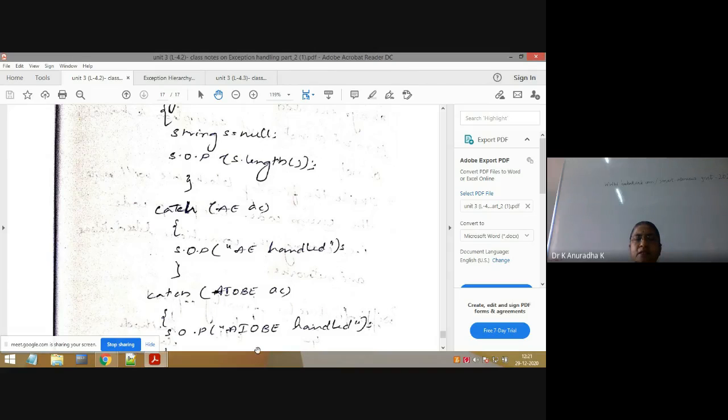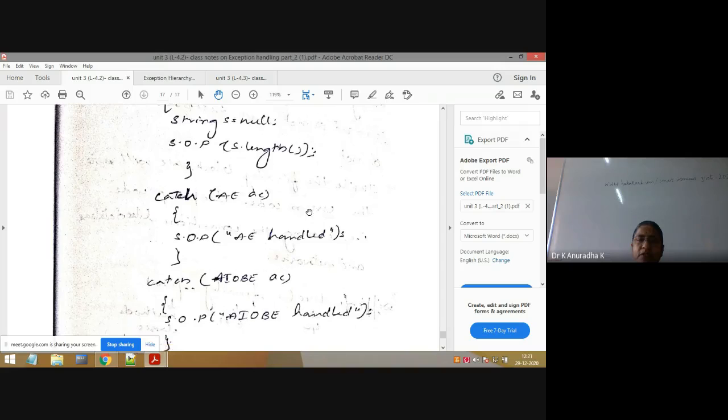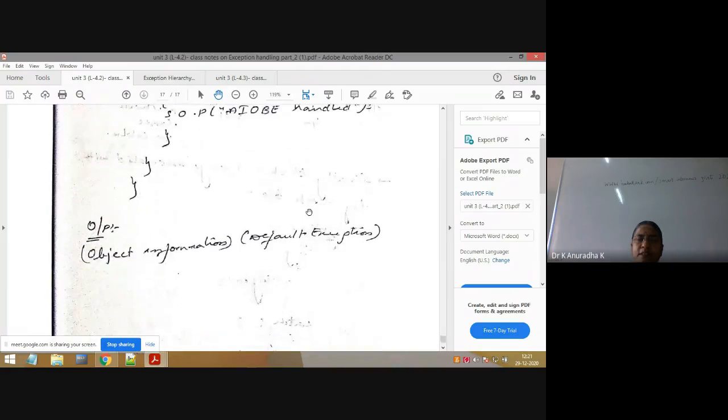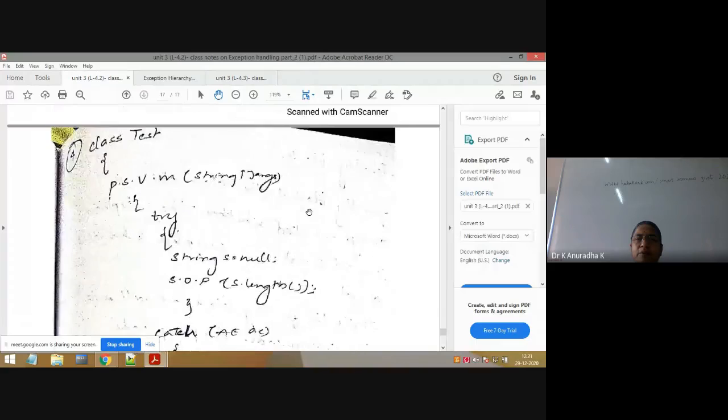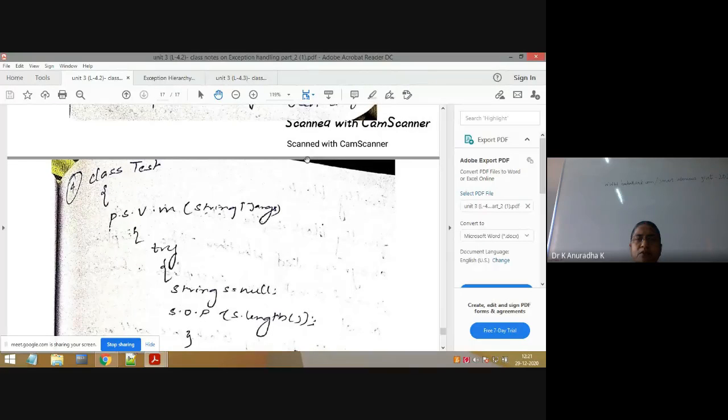Writing catch blocks is not at all important. Writing the matching catch block is very, very important in exception handling programs. You can see the output in the lab. Try to execute all these 4 programs. With these 4 programs, you can understand the concept of try with multiple catch blocks more clearly.